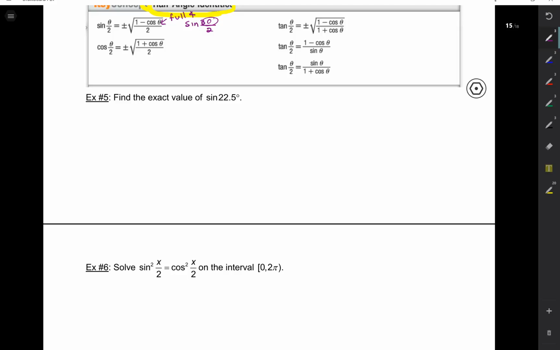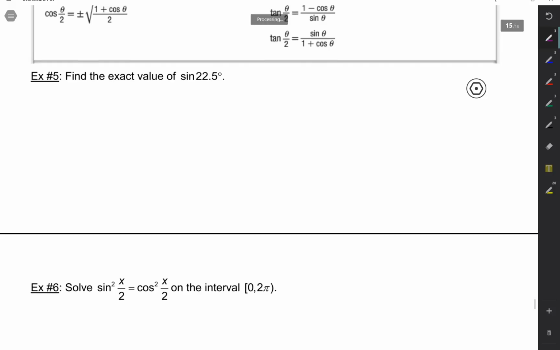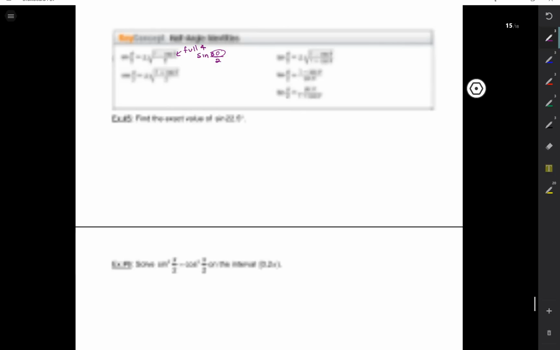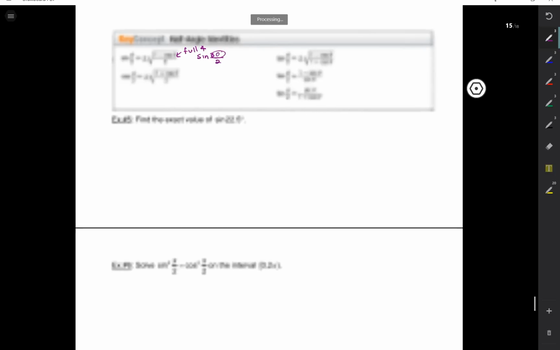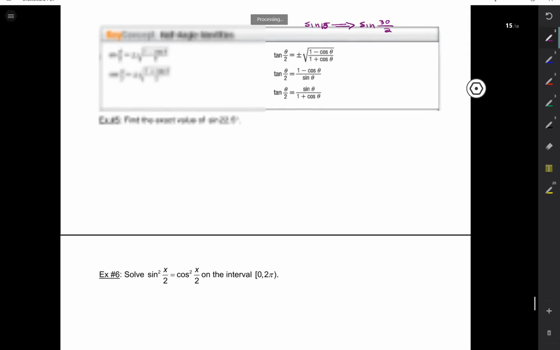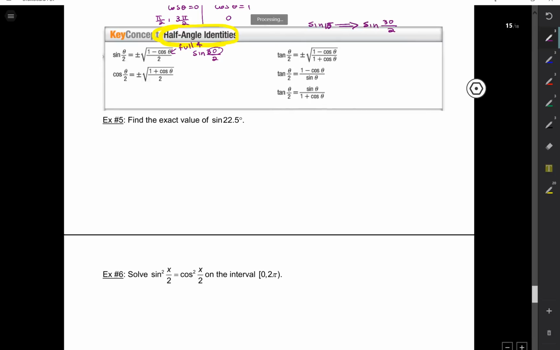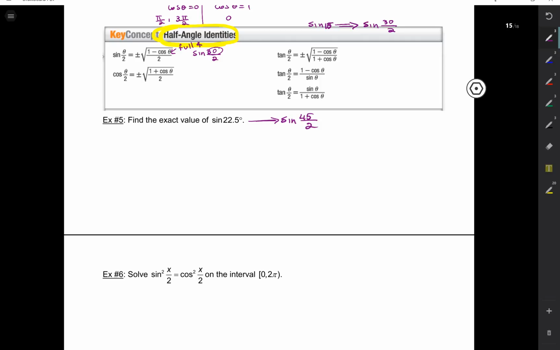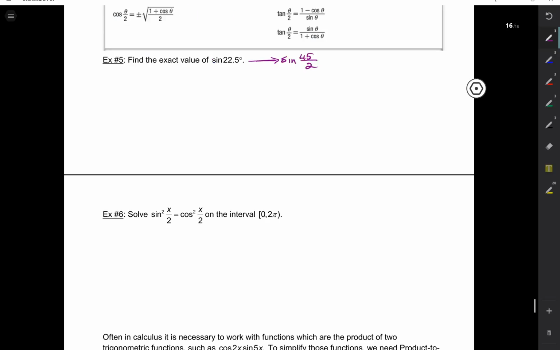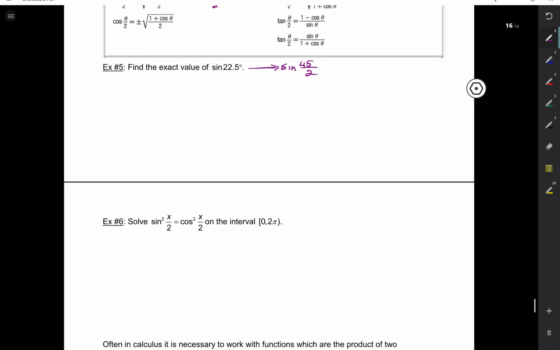So this is sine of 45 over 2. Make sure when you get deserted on that island, it doesn't get wet in your pocket. Laminated. Okay. So this is sine of 45 over 2.